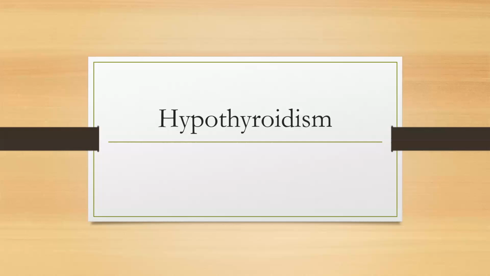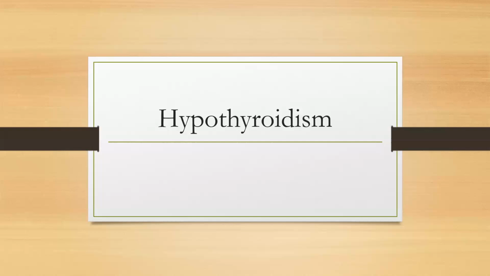Iodine deficiency, we know, is the leading cause in the whole world, but in the developed world, it's Hashimoto's thyroiditis. It is also an autoimmune disease, and it has antibodies like thyroid peroxidase antibodies. So these antibodies are different from those in hyperthyroidism. We will discuss all this in this presentation.